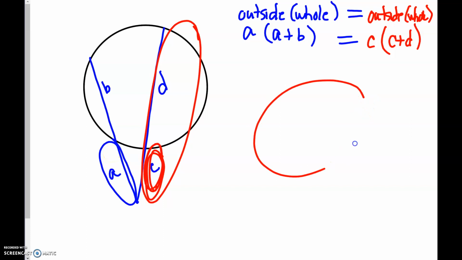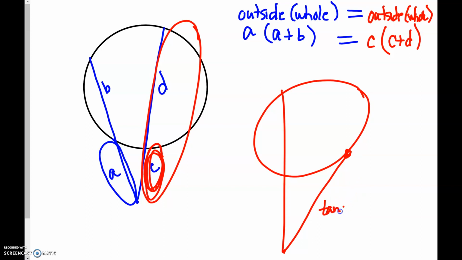Now, we're also going to have times where you have a secant and a tangent. So if you have this be a tangent, you don't have an outside and a whole. So what we do for that is you take your tangent and you square it. So tangent squared is going to equal the part times the whole.